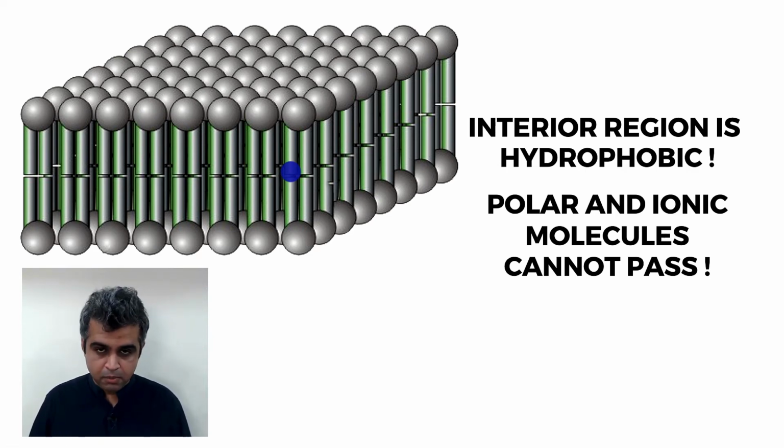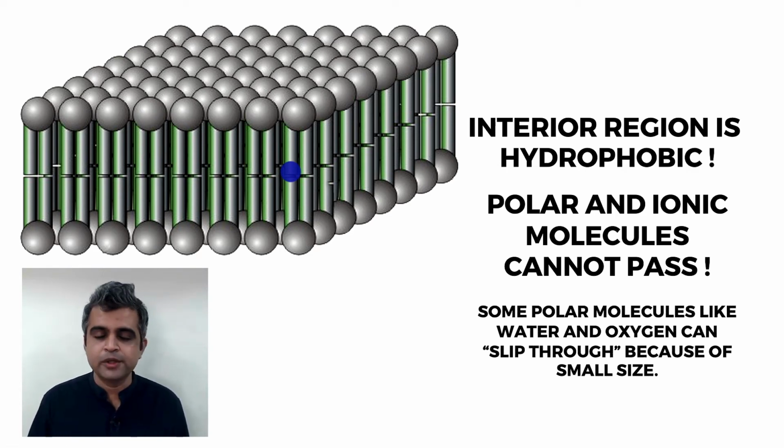But there are some polar molecules like water and oxygen. Water is polar, oxygen is polar. It can move through this because of its small size. So remember, phospholipids, I told you in the beginning, is a large molecule having different polar and non-polar subunits. But a water molecule is going to be very, very tiny and it can easily slip through the gaps that are there between the tails.